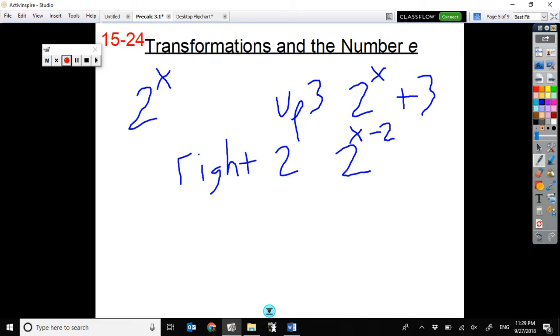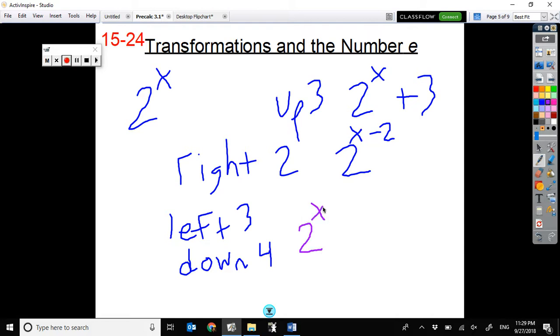Let's say I want to shift it left 3 and down 4. Okay. Well, this would be 2 to the x, so I'm shifting it left plus 3, and then down 4 minus 4.